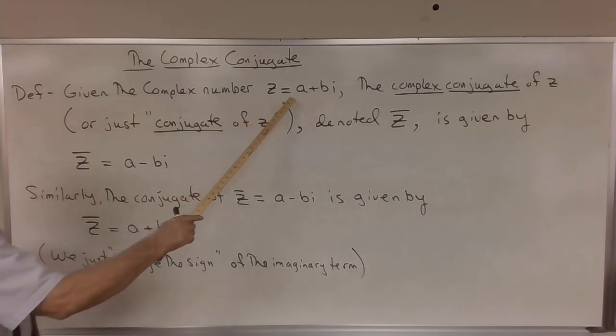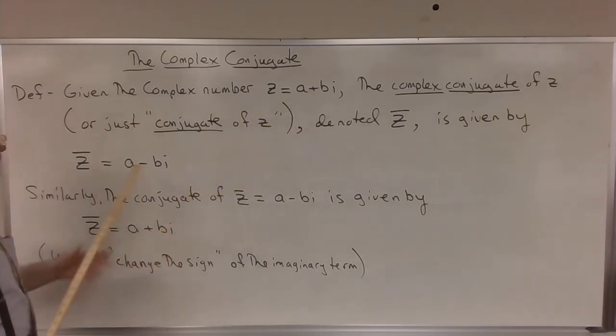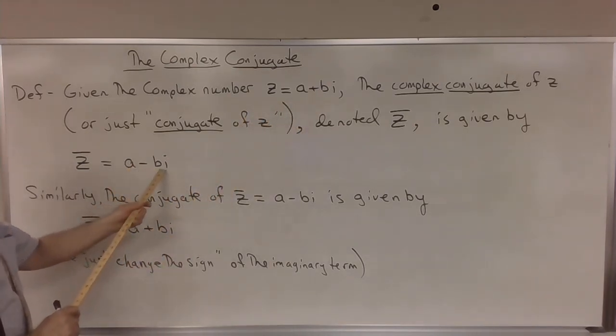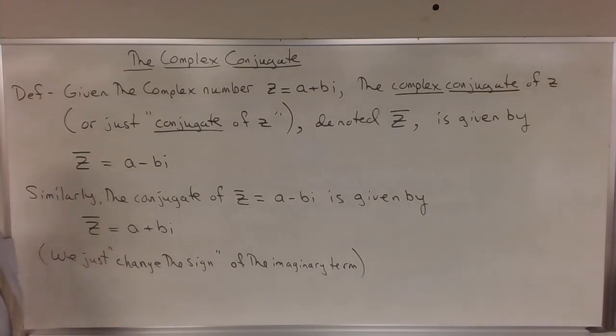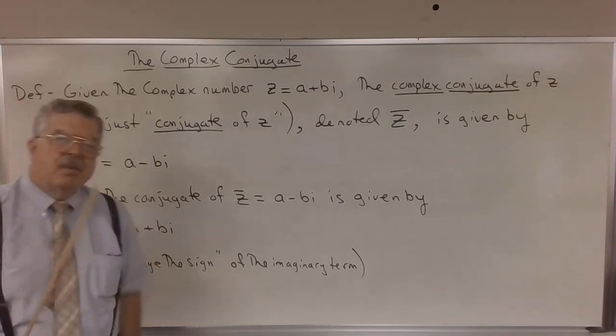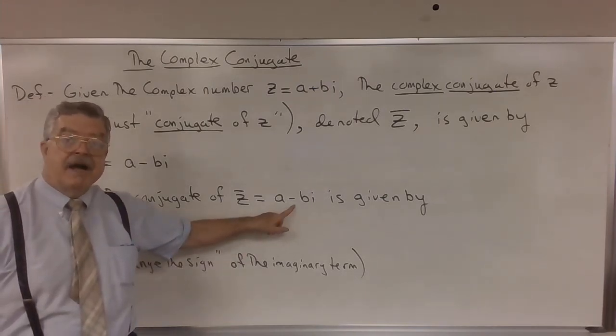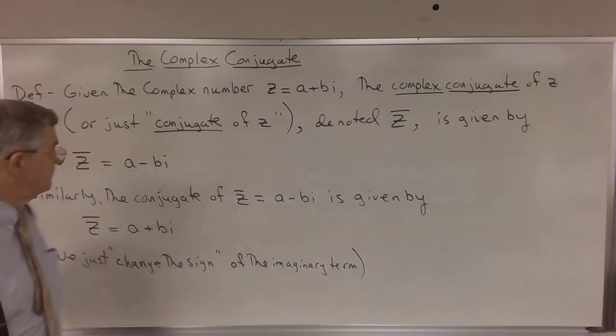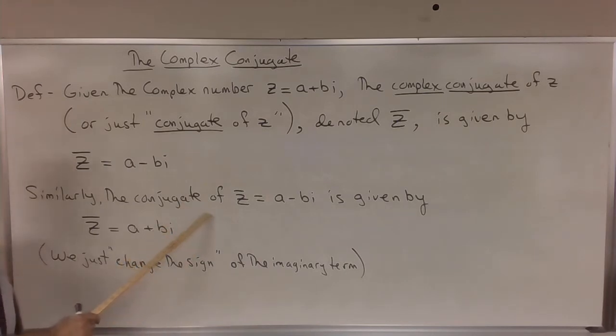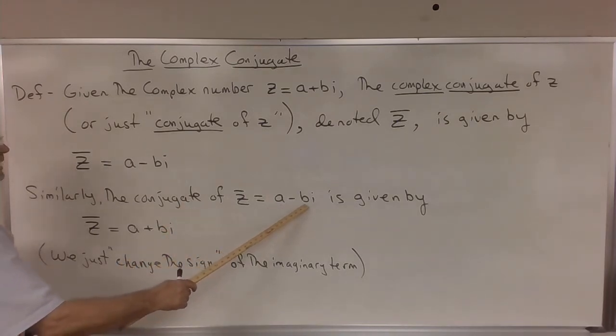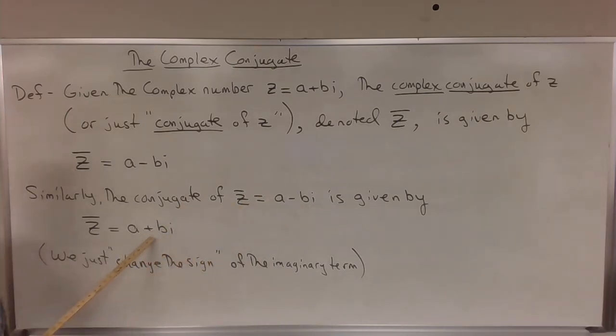So the conjugate of a plus bi is a minus bi. So what do you think the conjugate of a minus bi would be? Well, the conjugate of a minus bi is a plus bi.